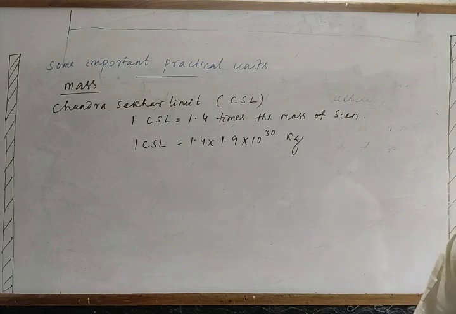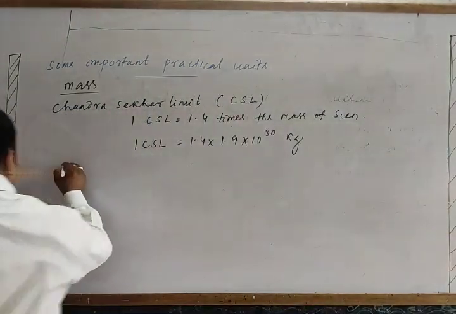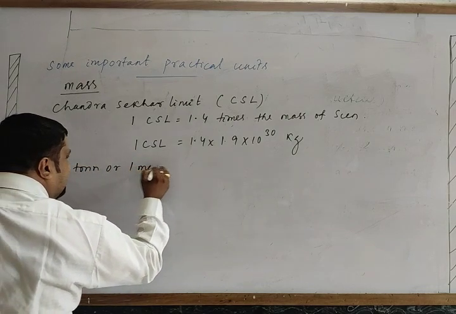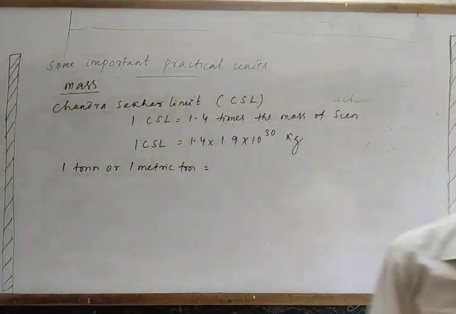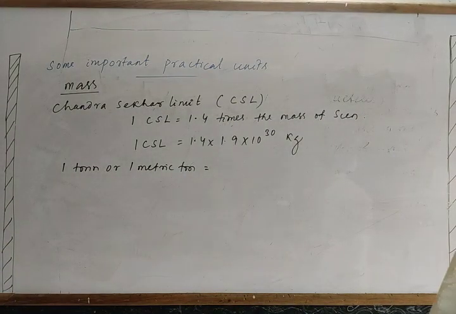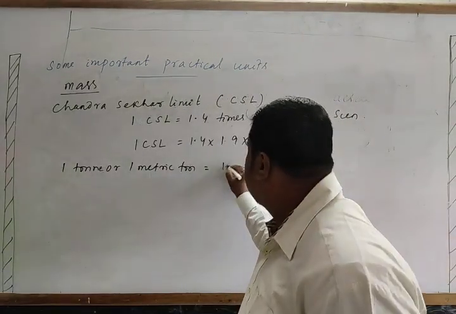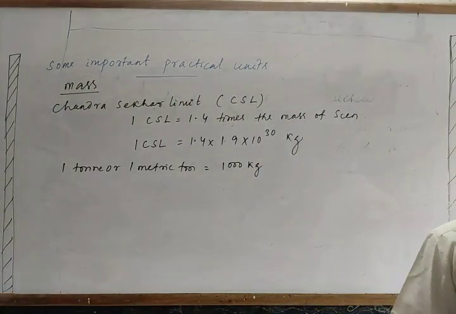Clear? Then others are ton or metric ton. 1 metric ton is equal to how much? 1000 kg. Clear?